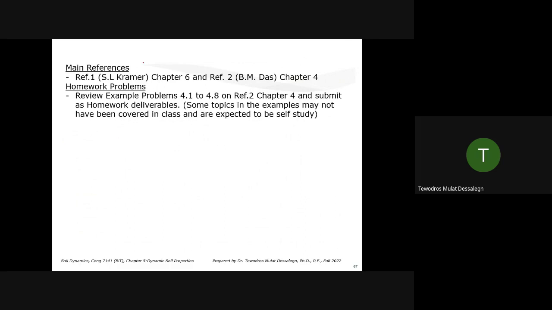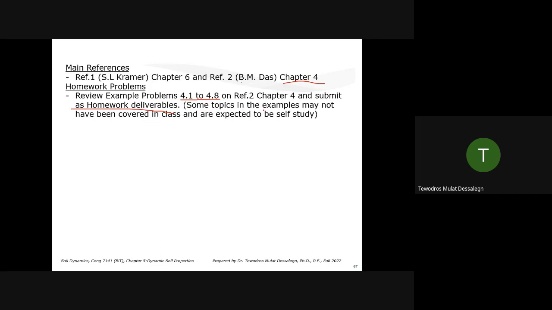The main reference for this chapter is reference 1, S. L. Kramer, chapter 6, and reference 2, Braja M. Das, chapter 4. And you have a homework problem. Review example problems 4.1 to 4.8 in reference 2, chapter 4, and submit them as homework deliverables. I believe they are already solved, but I want you to look at them, write them out, understand how it is done, and submit it as a deliverable.